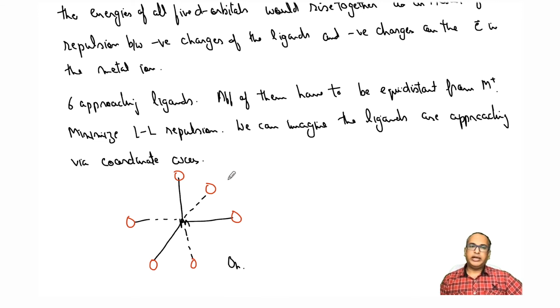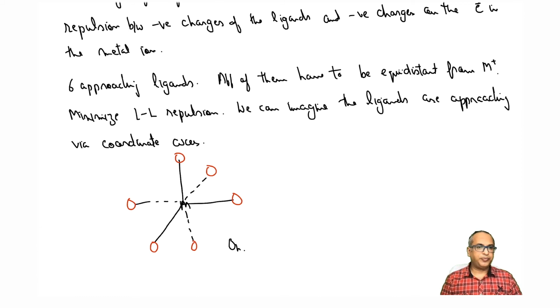Now, why would the Eg set of orbitals increase in energy and the T2g set of orbitals decrease in energy? So let us see the case for that. Let us first talk about the Eg set of orbitals.